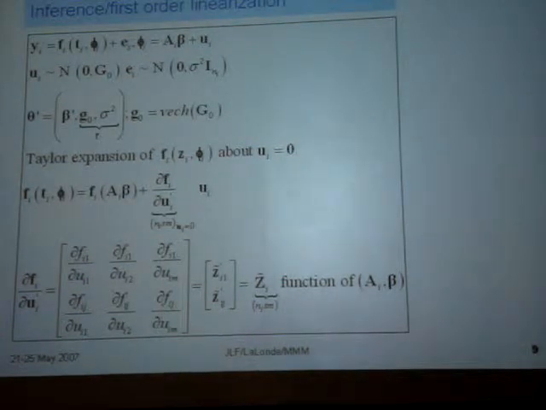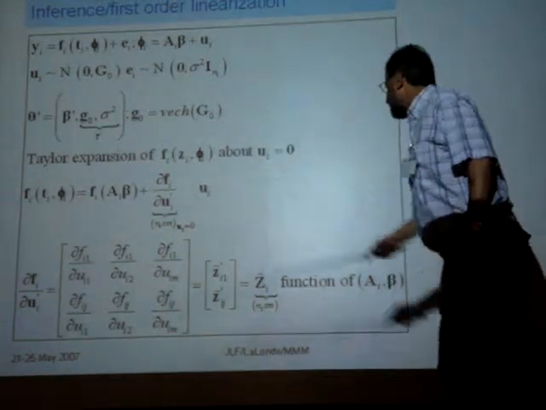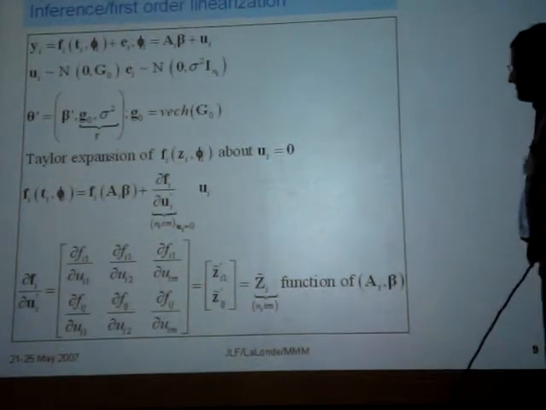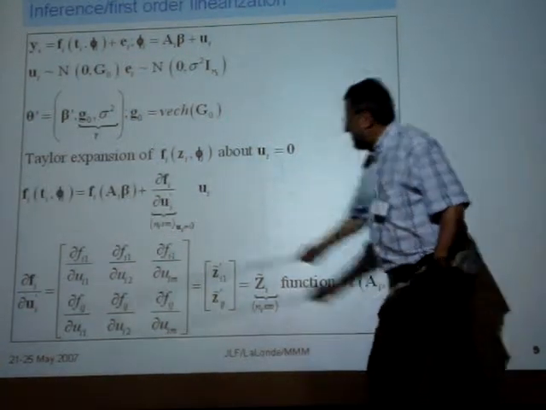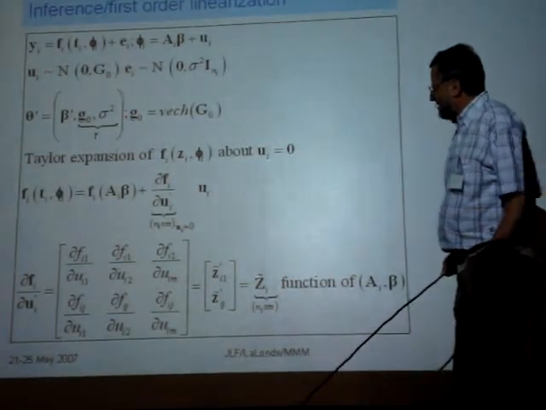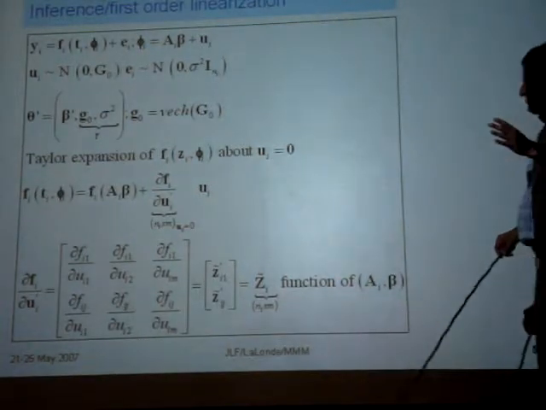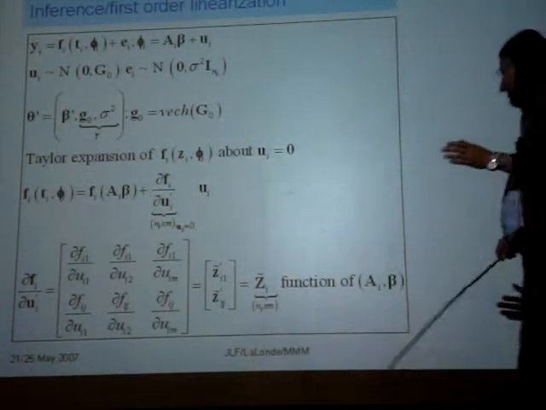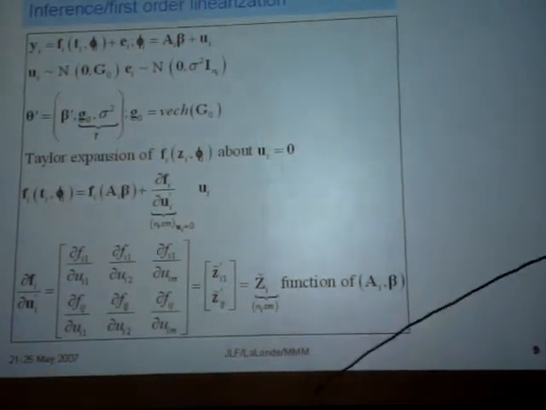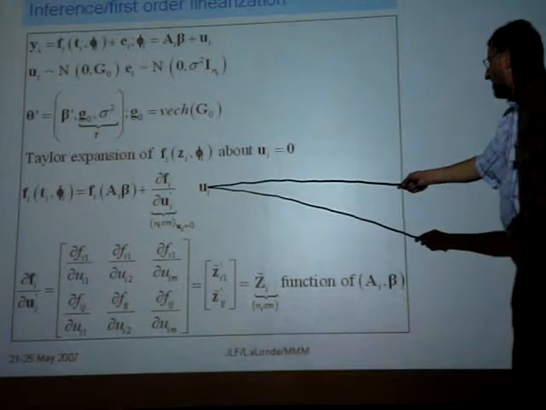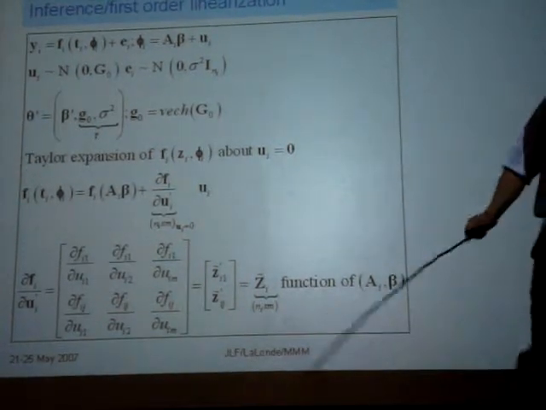So now what is this matrix of derivatives? We should have as many rows as fi, and fi, remember, is the vector of the measurements for individual i. So it should have ni rows, and as many columns as ui, and we have n components in ui.